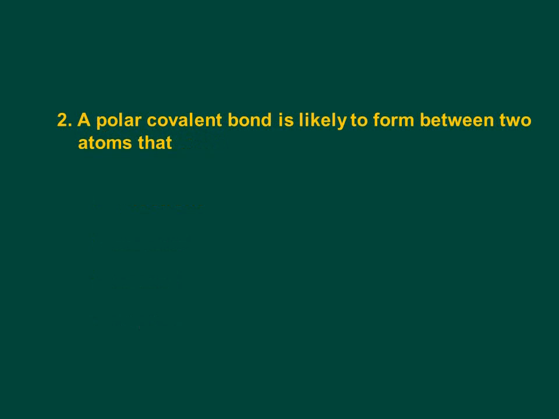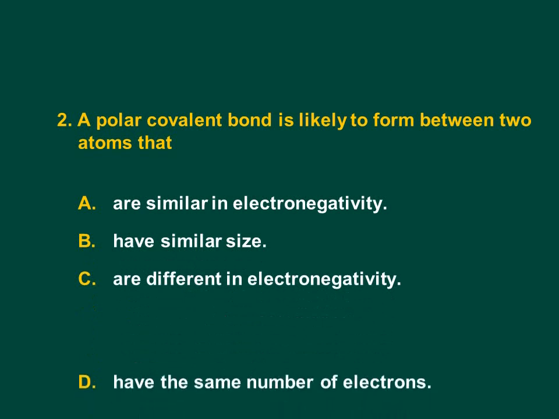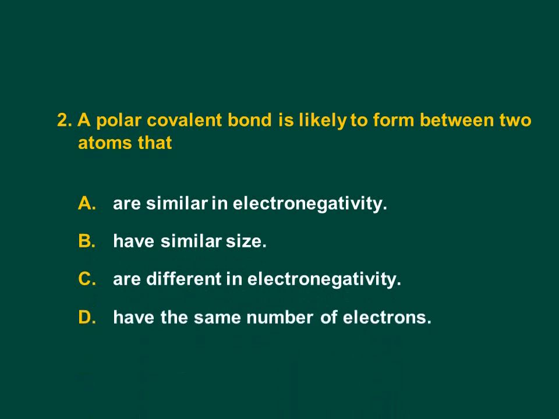Question 2. A polar covalent bond is likely to form between two atoms that are similar in electronegativity, have similar size, are different in electronegativity, have the same number of electrons.